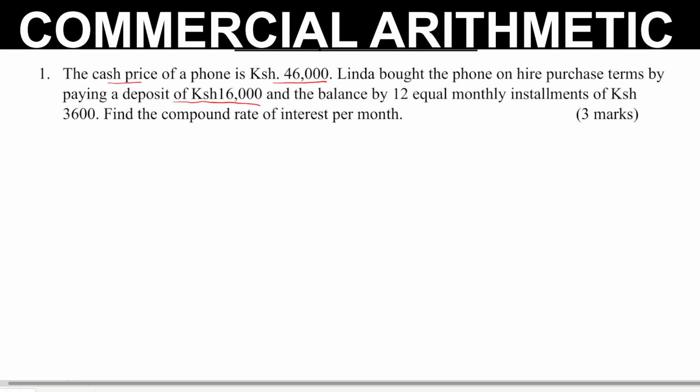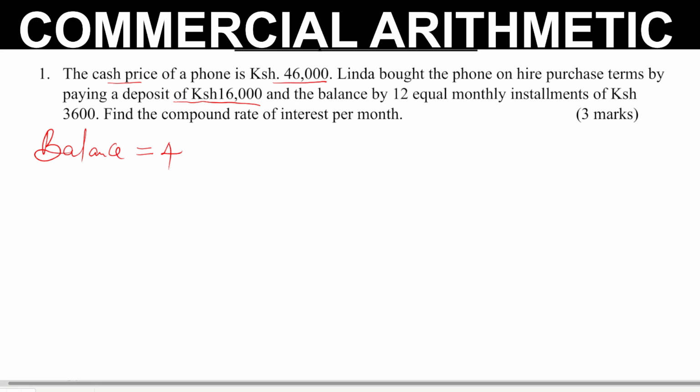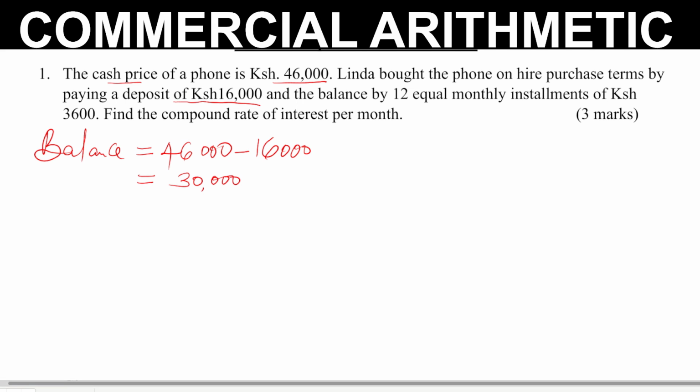So up to there, we need to get the balance. The balance will be 46,000 subtract 16,000, that is the deposit. This one will give 30,000. So this is the balance that is to be paid through hire purchase terms.